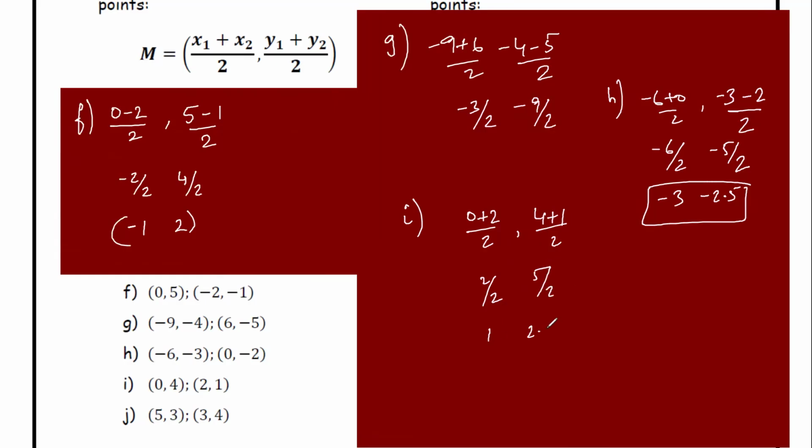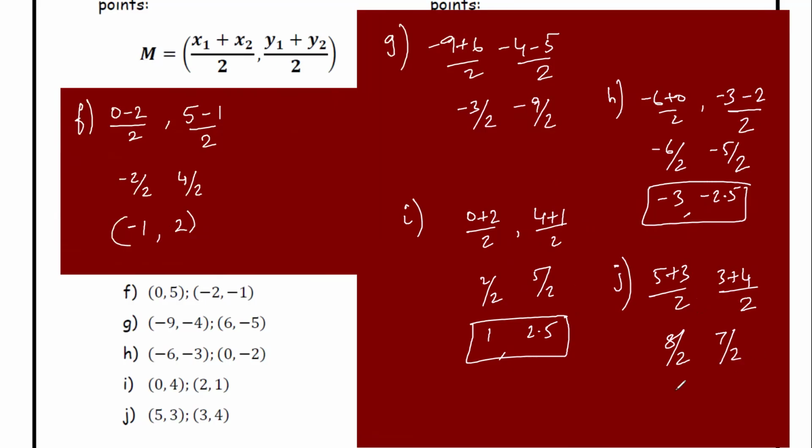So that's 1 and 2.5. And finally, J. 5 plus 3 divide by 2, 3 plus 4 divide by 2. So that's 8 by 2 and 7 by 2. So that's 4 and 3.5. Done with question 1.